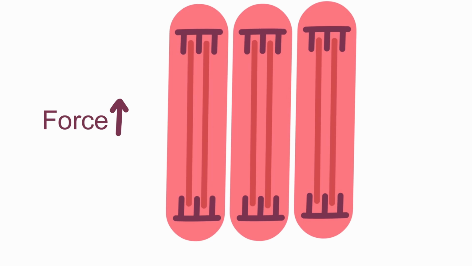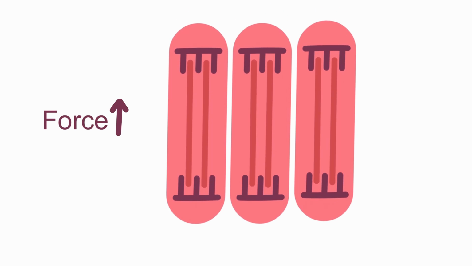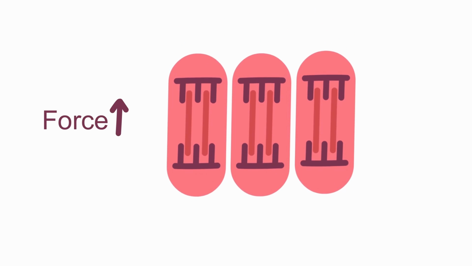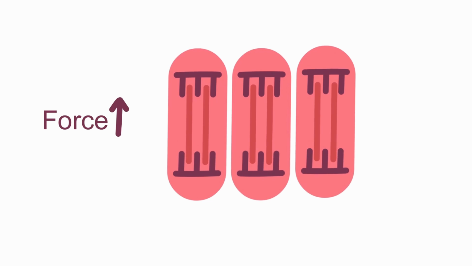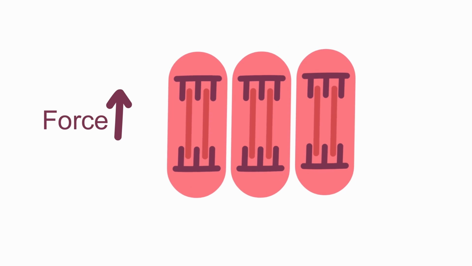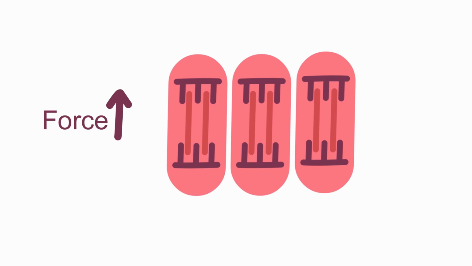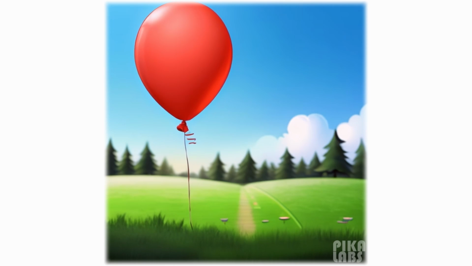The same goes if they're stretched too much, they still don't reach this optimal length. So there's an optimal length in which the sarcomeres contract the best. And the stretch of the sarcomeres is of course dependent on the amount of volume that fills out the heart.